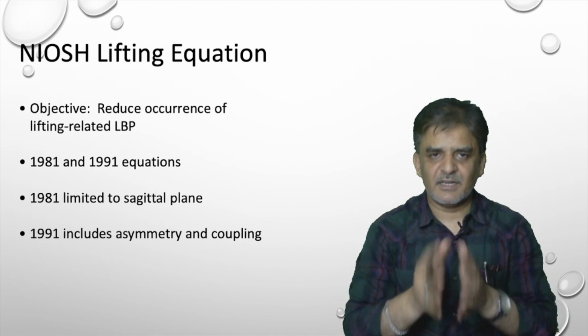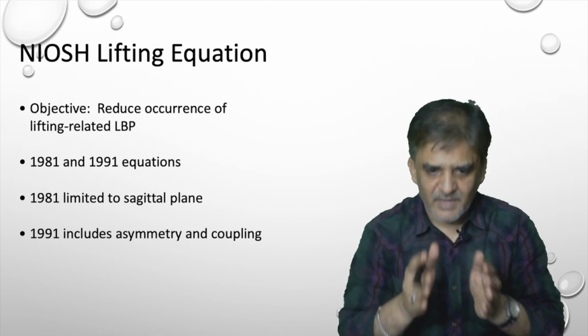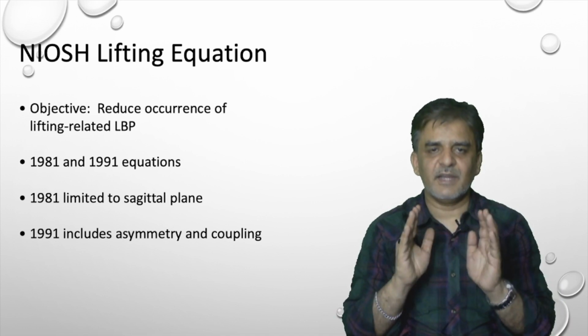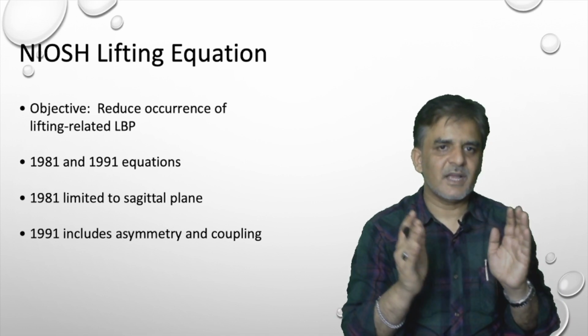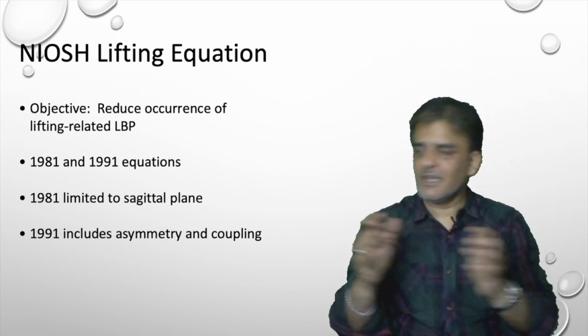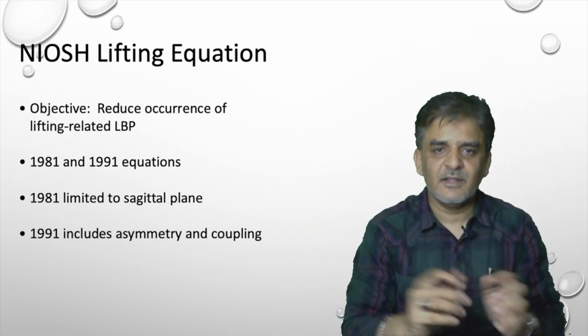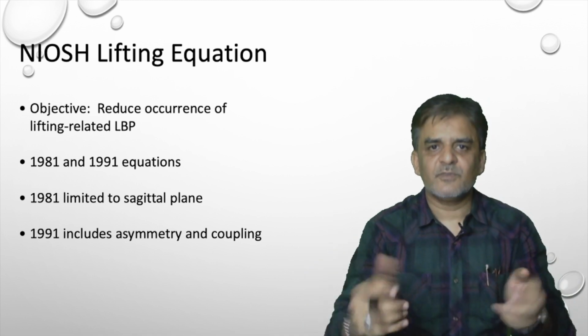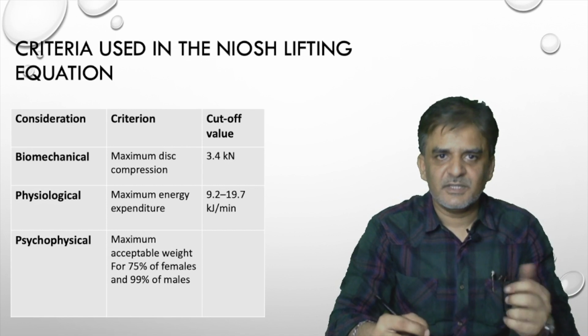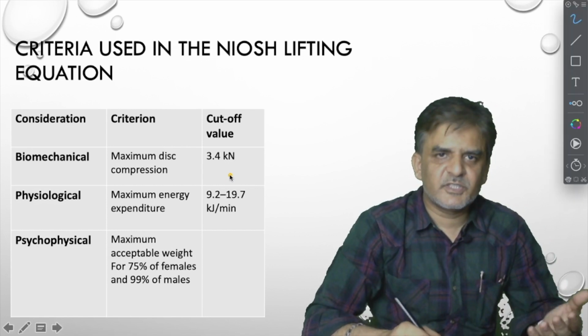In the sagittal plane, you are lifting by flexion and extension of the trunk. But later on, it was modified with the concept of having some kind of asymmetry in either direction, with a type of coupling in the load.